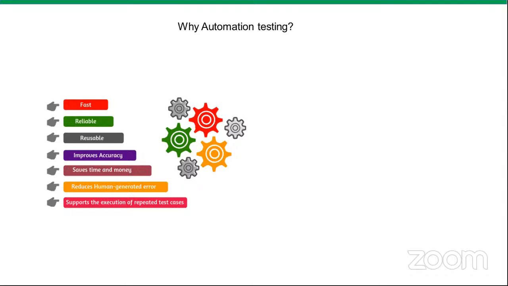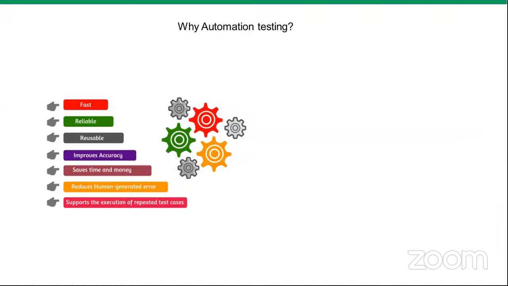It improves the accuracy of your test results. Let's say you have repeated test cases, like regression or smoke test cases. Whenever we need to run them repeatedly, using an automation script basically saves time and money.